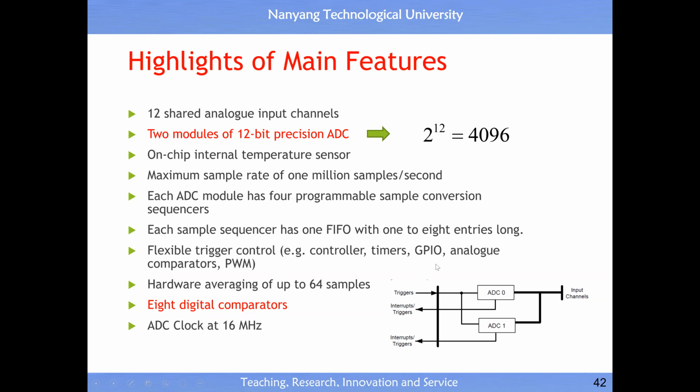Each quantization unit here has 4 programmable sampling conversions, but they use this term sequencer, sampling sequencer. A sampling sequencer is basically a quantization device, or quantizing device. I use this term because maybe it's easier, but this is the name given by the designer, and you should not ask why they gave this name. Conceptually, it's a quantization device.